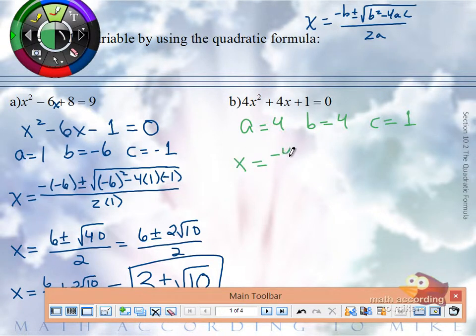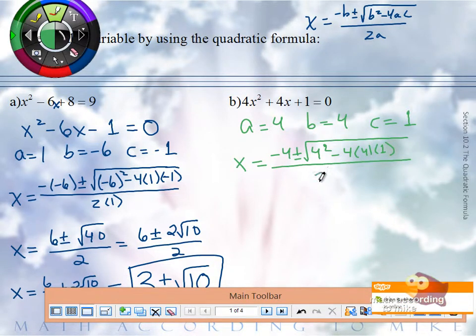X is negative 4 plus or minus the square root of 4 squared minus 4 times 1 times 4, all over 2 times 4.